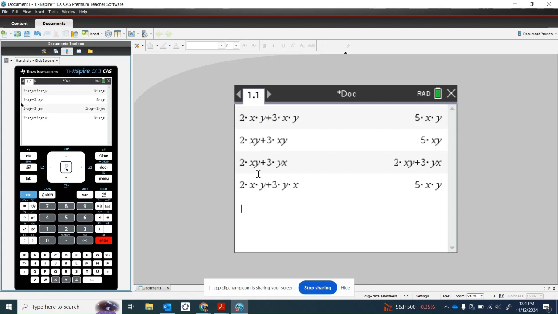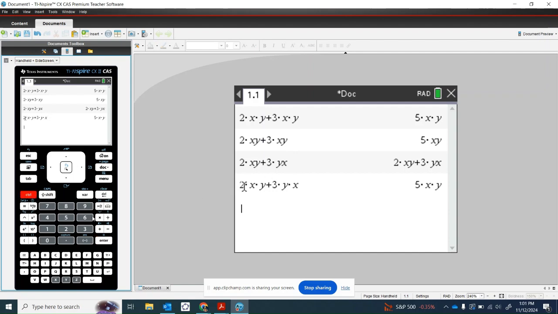Otherwise it takes xy as being together, and yx as being together. So xy is different than yx because it's lumping them together versus x times y, which is what we really want. We do want to be careful anytime we're doing something like that. We want to have a multiplication sign between every variable along the way, and that'll work with fractions, division, things like that.